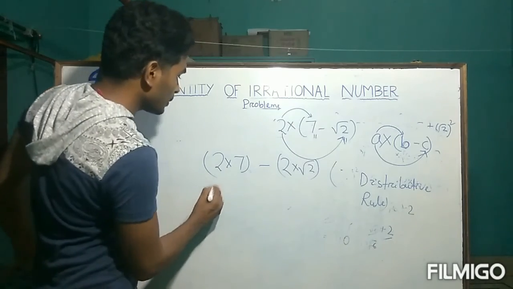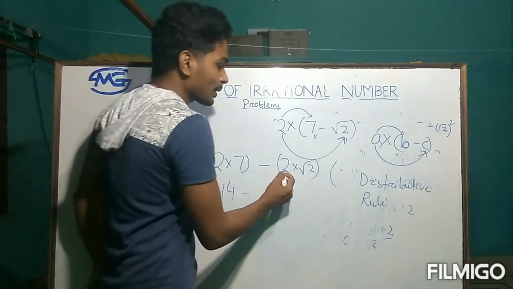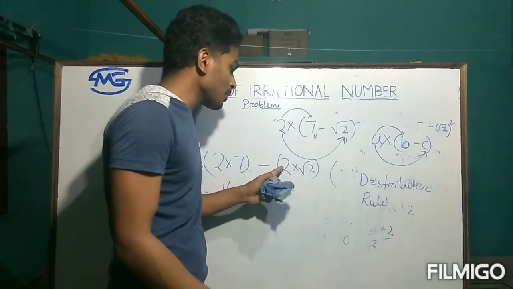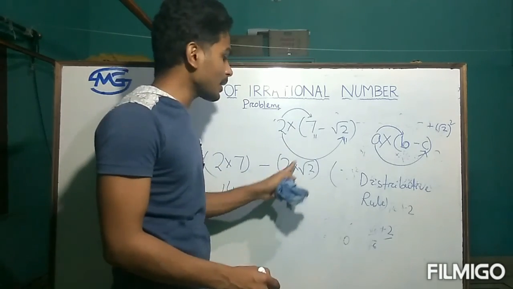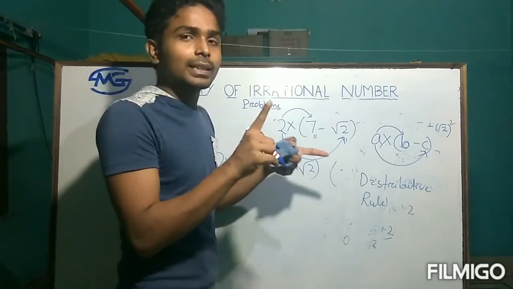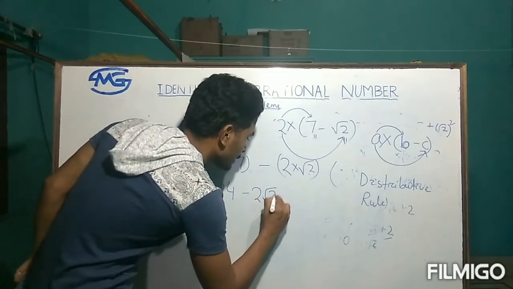So then 2 into 7 is how much? 14, and these two cannot be multiplied. Why? You know, it is a rational number, it is an irrational number. Whenever a rational number is multiplied with an irrational number, it will give an irrational number. So it will be 2 root 2.